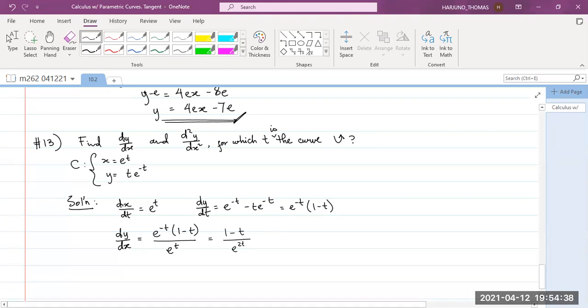From here we see that the curve is increasing when 1 minus t is positive, because e to the t is always positive, e to the 2t is always positive. So the curve is increasing when t is less than 1.